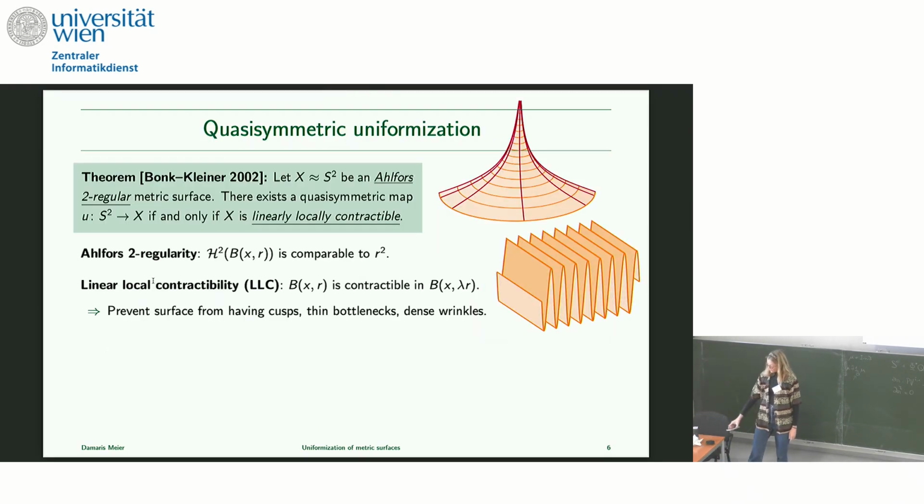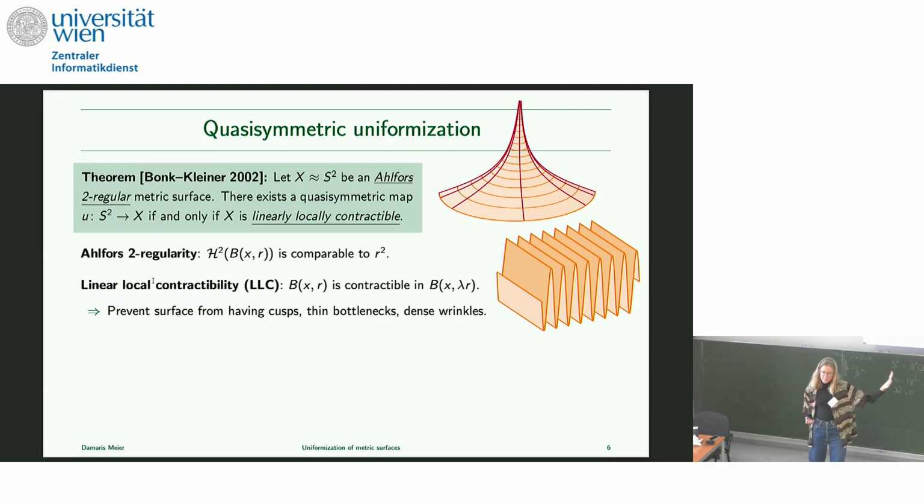So quasisymmetric uniformization, the first breakthrough result or the most well-known result in this whole non-smooth uniformization business, is a result due to Bonk and Kleiner. And they say that if you have a metric surface, which is homeomorphic to the sphere, or it's a metric sphere, which is Ahlfors 2-regular, I'm defining it in a second, then we find a quasisymmetric parametrization if and only if this space is something called linearly locally contractible.